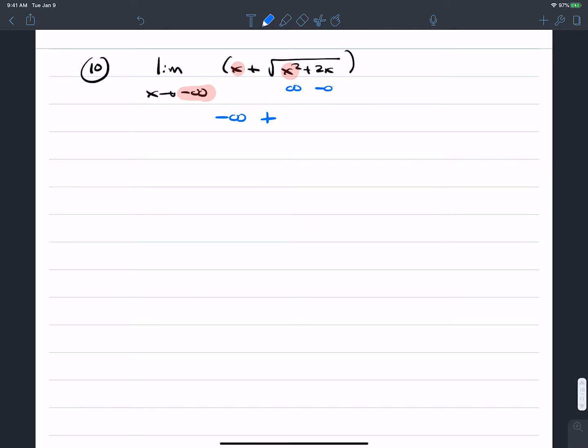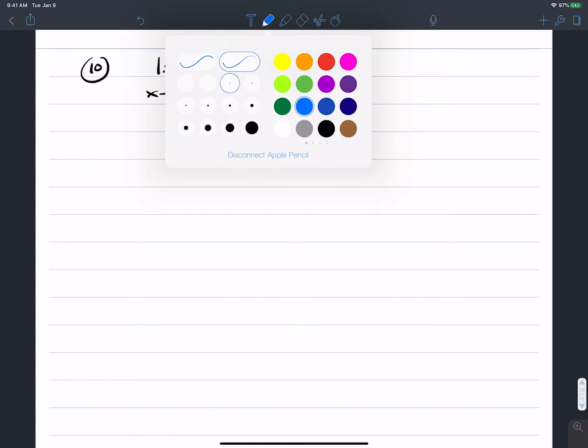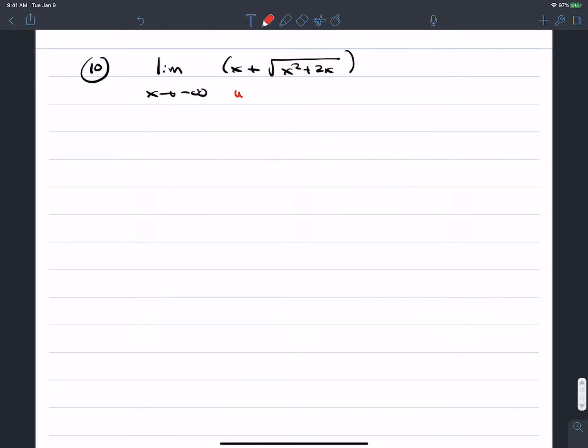Is that minus infinity? So this is indeterminate. I already know that this is indeterminate, and indeterminate means I can't determine. So then the question is, what do you do here? Well, the answer is we use what? Algebra.